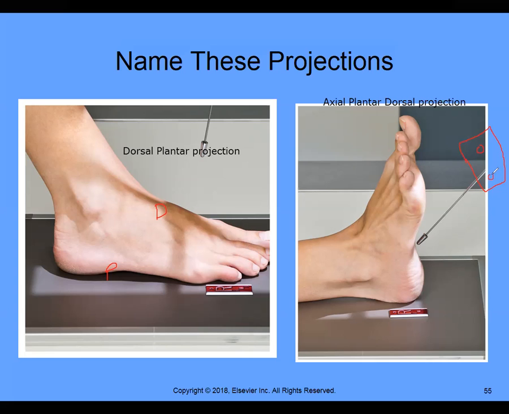In this case, I think it's about 45 degrees if I'm not mistaken. So that's more than 10 degrees, so it makes it axial. And again, this is the long axis of the foot. Because it's coming in at more than 10 degrees, automatically it makes it an axial projection. But we're entering in the plantar part, and it's exiting dorsal. So this is plantar dorsal. Dorsal plantar, axial plantar dorsal.